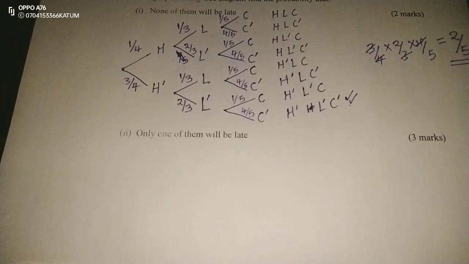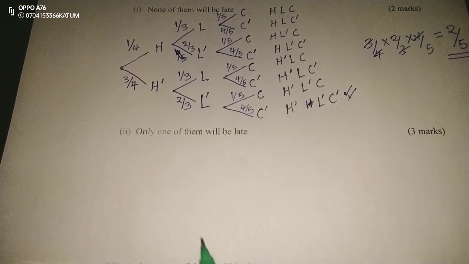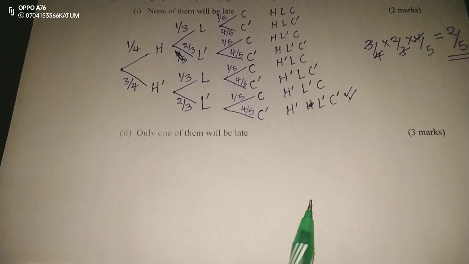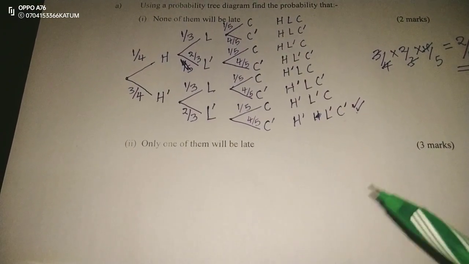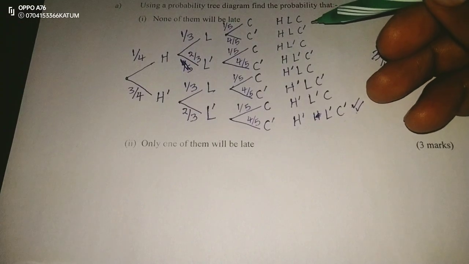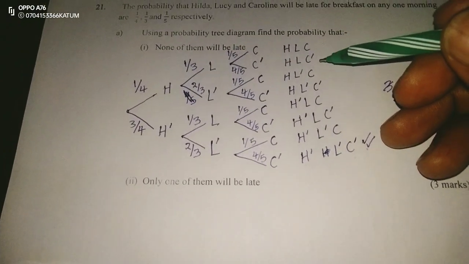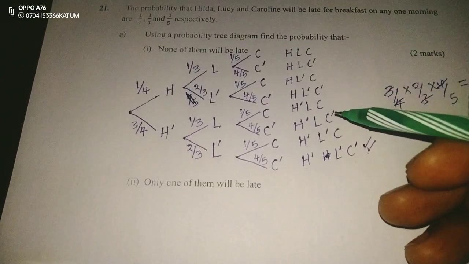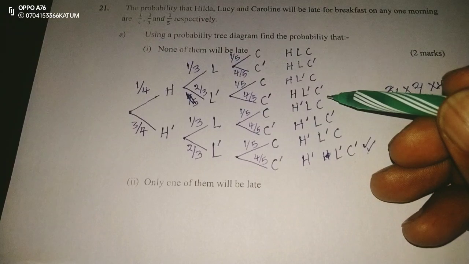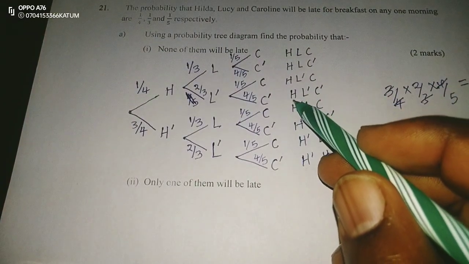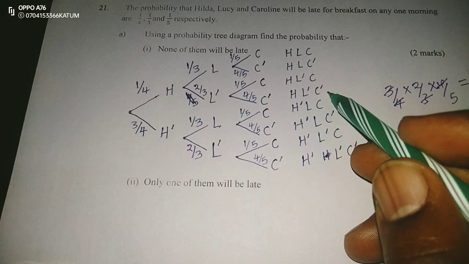The next, Roman 2, is only one of them will be late. Only one is going to be late. So it can be this case whereby only one of them is going to be late, where H is late and the others are not.